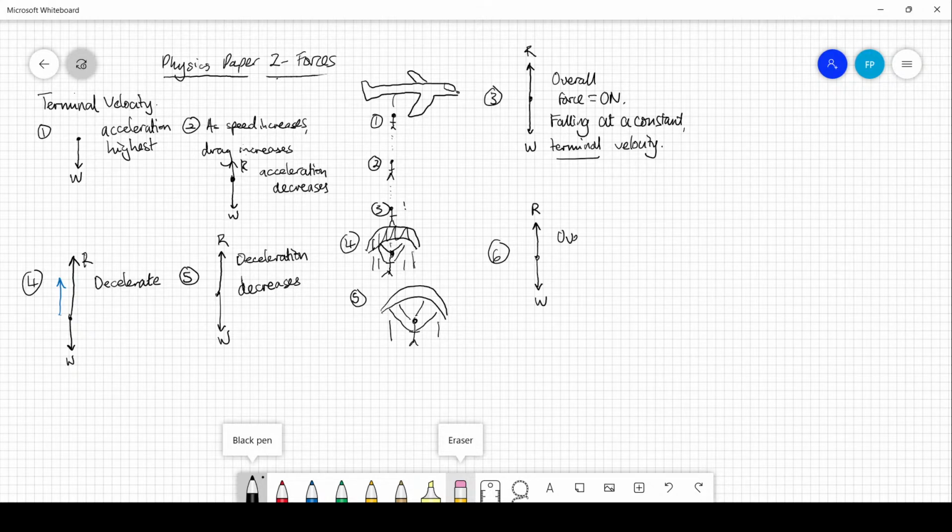So the overall force is 0 newtons, no acceleration anymore, or change in velocity, and they've reached a new, slower terminal velocity. And hopefully at this point, a little guy here has reached back to the ground.